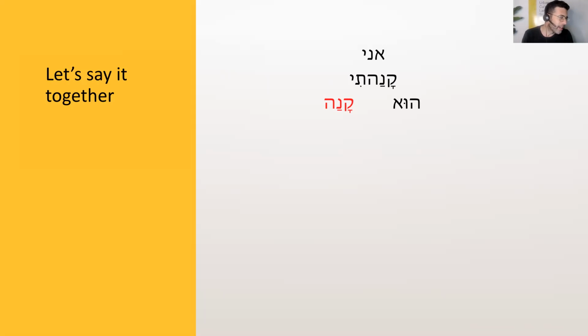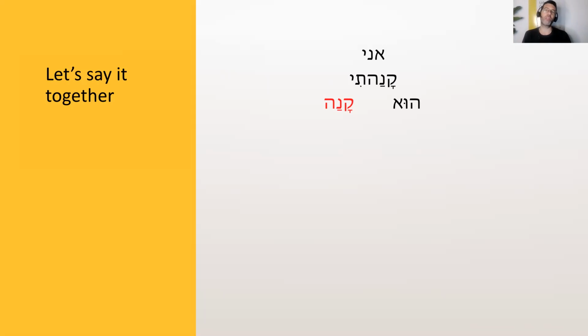Beautiful. Because now I want to tell you something. Someone wrote it right. Rina, you're right. It's not kanati. I don't want to say what you wrote because it's correct and I want to explain before. The thing is, Hebrew doesn't like the letter hey in the middle of a verb. Hey can appear at the end, that's not a problem. I'm talking about verbs, but in the middle, we will never have a hey.